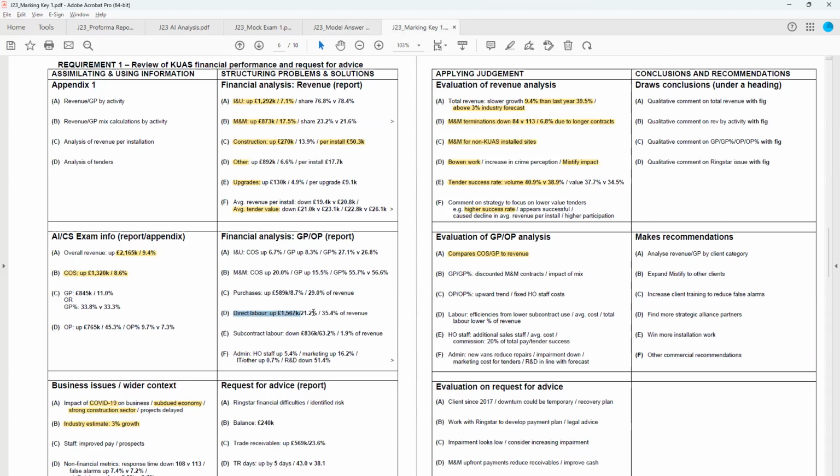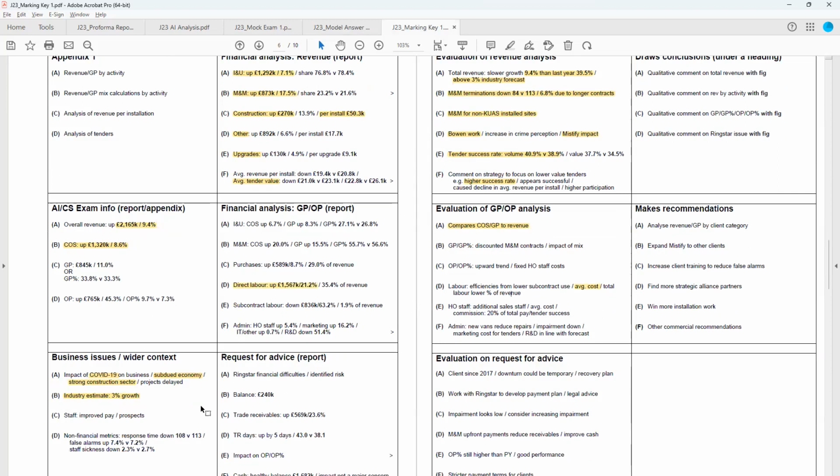So with direct labour, we've got the number, backed up with the percentage of revenue, working out average cost or doing total labour as a percentage of revenue. We've got the number, the reason, the further insight with the average cost, and then the context point as well. So quite well rewarded for that section.